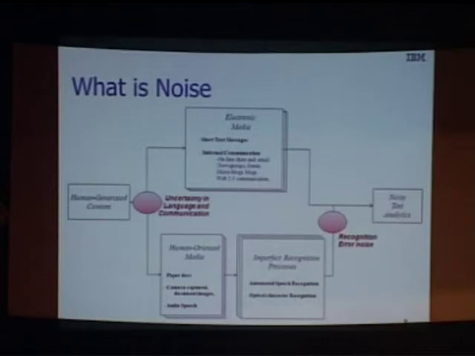Similarly, SMS, online chat, Twitter, Facebook, that's electronic, but because it's informal conversation between people, again it has challenges when you try to machine read it and infer using a computer program.